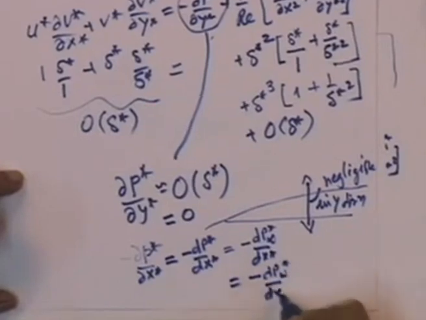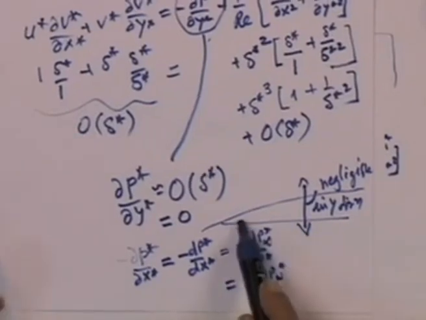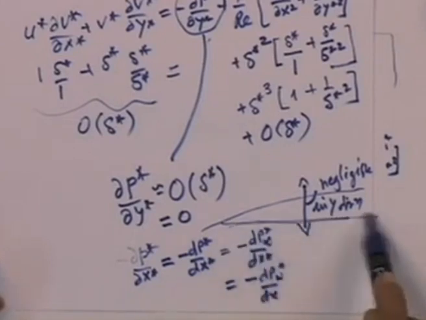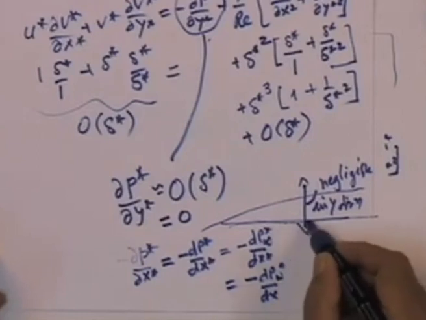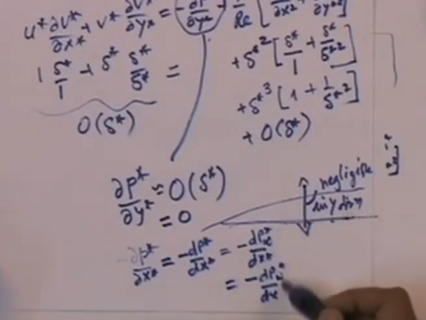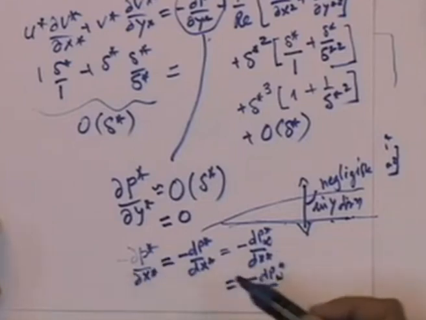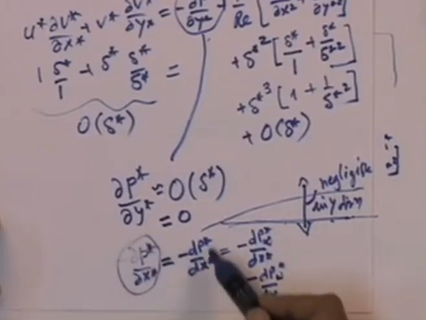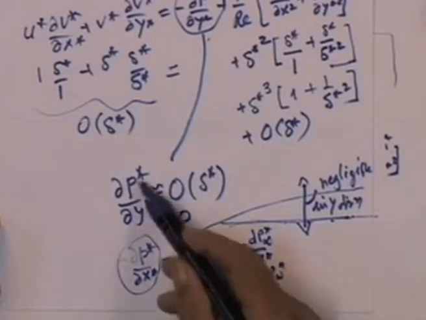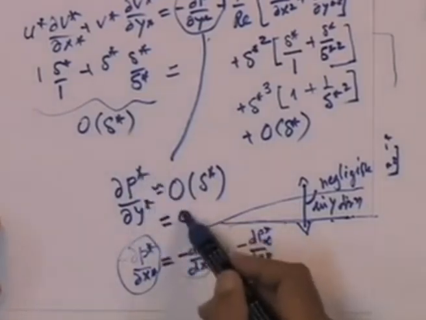I can measure the pressure at the wall in a given flow, and I would get the quantity dp star by dx star, and the partial derivative is now replaced by total derivative simply because the variation in y direction is 0.